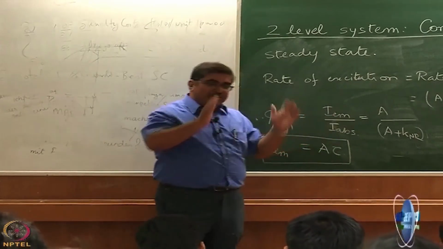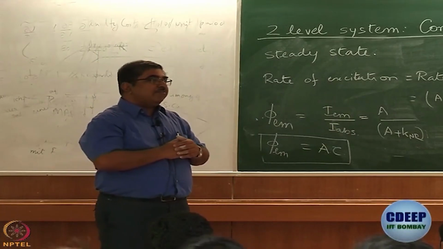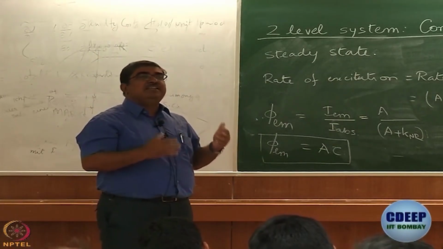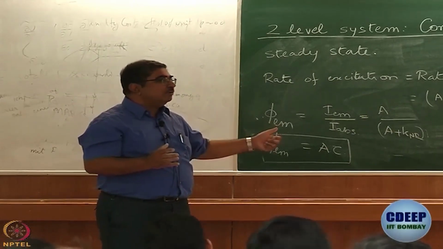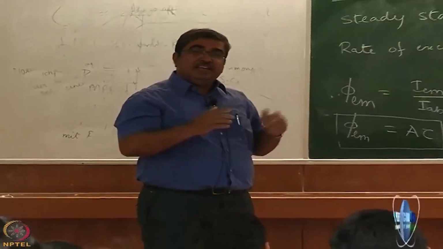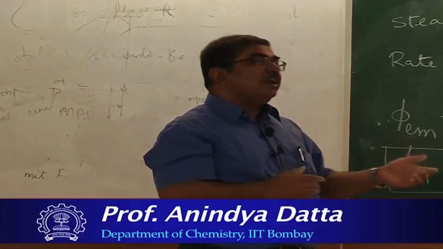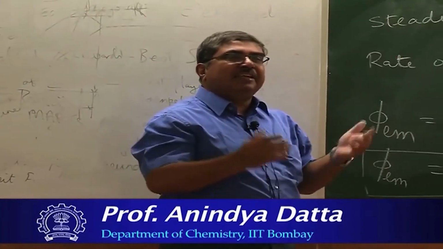So once again we finish in a situation where you have a nice correlation between experimental and theoretical quantities. You do an experiment, you can find out the value of this theoretical quantity. You determine the value of the quantity theoretically, you can try and predict what your experimental results are going to be. Okay? We stop here today. Next day we start talking a little more about lasers and laser spectroscopy.